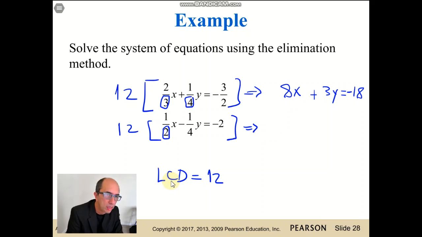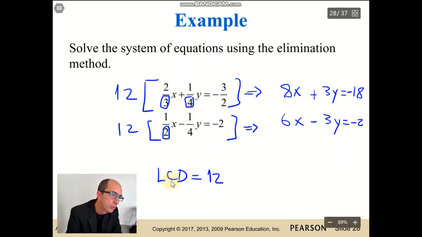And the second equation, 12 multiplied by 1, 12 divided by 2, 6, 6x. 12 multiplied by -1 over 4, -3y, and finally 12 multiplied by -2, -24.